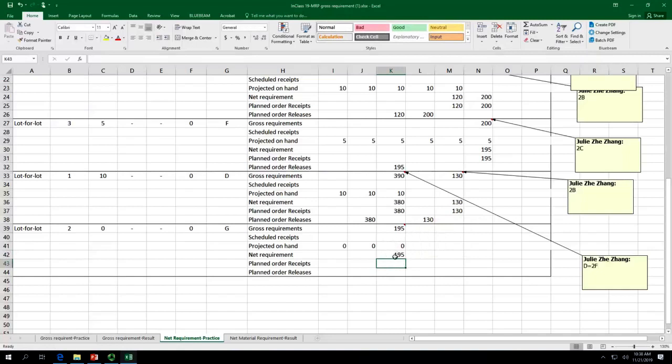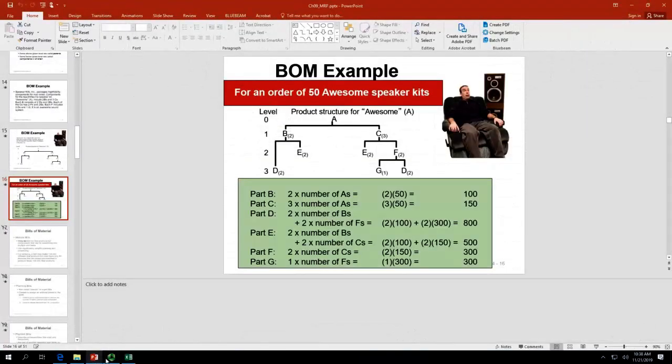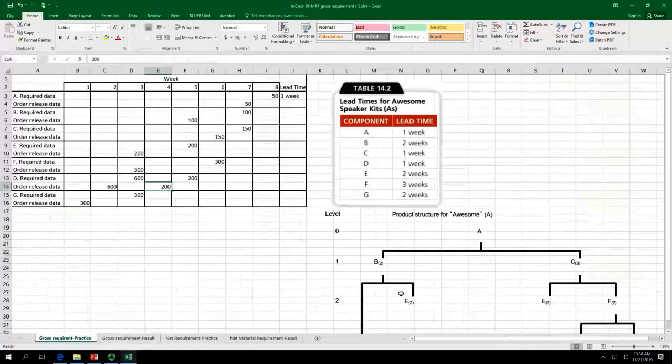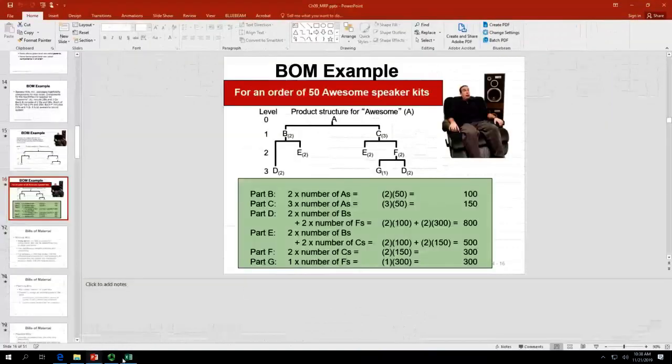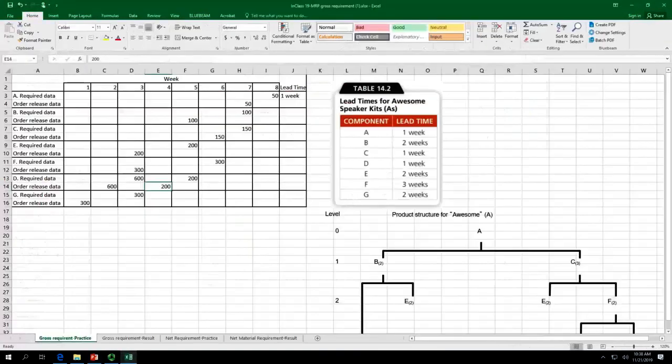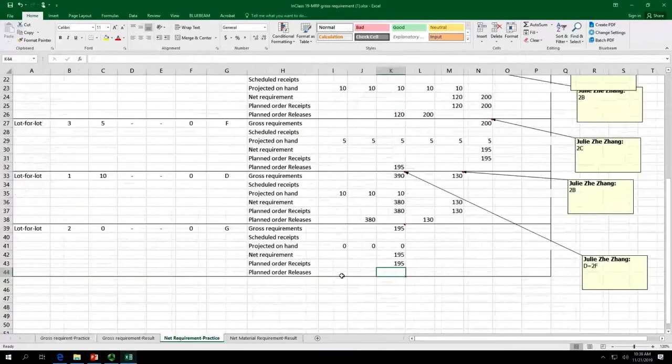And this is the net requirement. And then you plan the order should receive this as much as well. And there are 2 weeks lead time for G. So the next one for G, it is 195. Place the order in the end of first week.